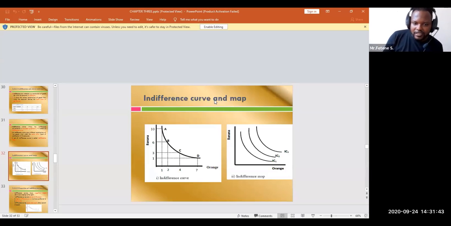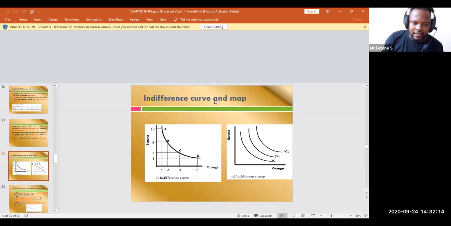Look, this is an indifference curve. In this case, we have two goods, banana and orange. At points A, B, C, D on this indifference curve, the consumer derives the same level of utility. So this is called an indifference curve. It shows combinations of two commodities.